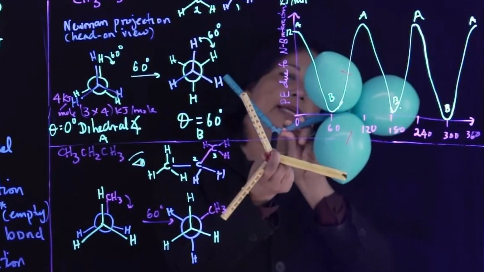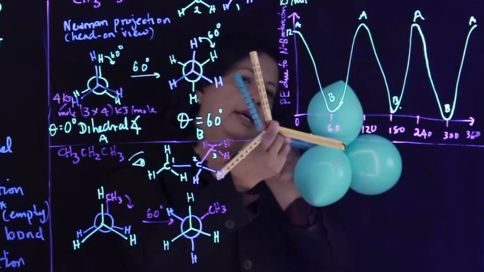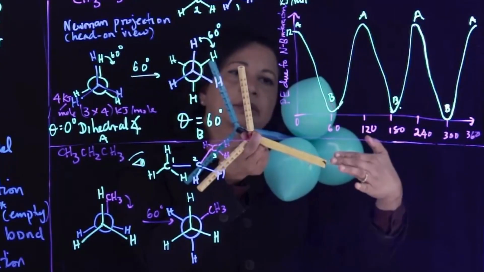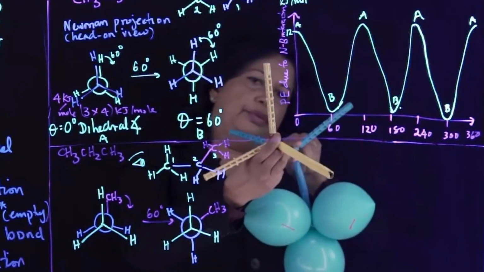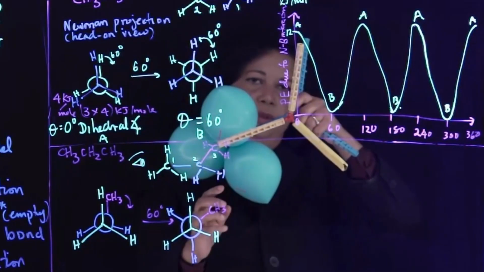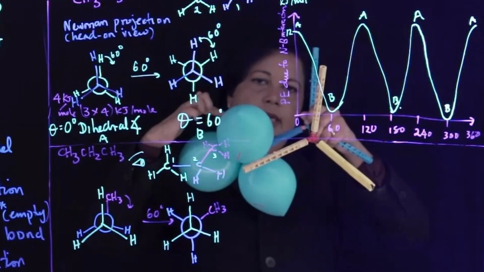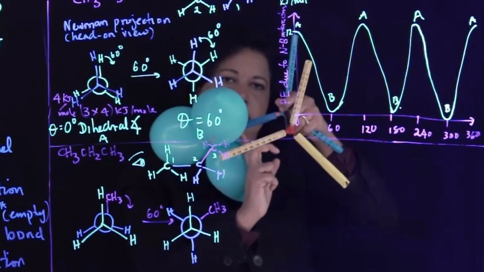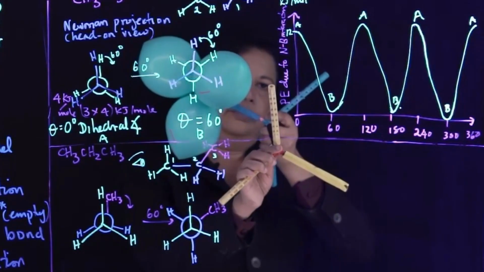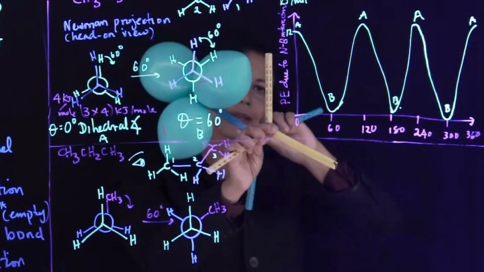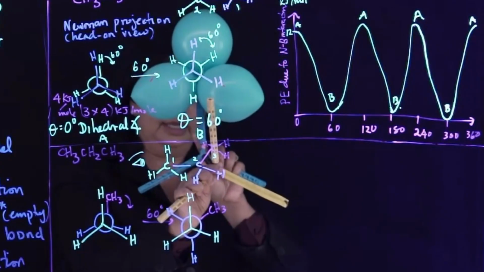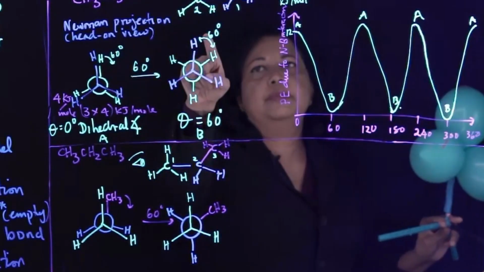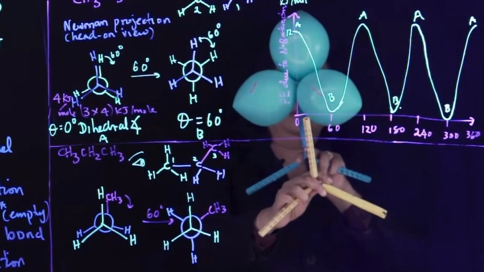But then you go back at another 60, which you have to, and again there's torsion, the same amount of torsion, then a relief. Then again the same amount of torsion here between this CH and this CH3C. Then again a relief, and then again the same torsion. So you can see it's a repeating pattern just like here.